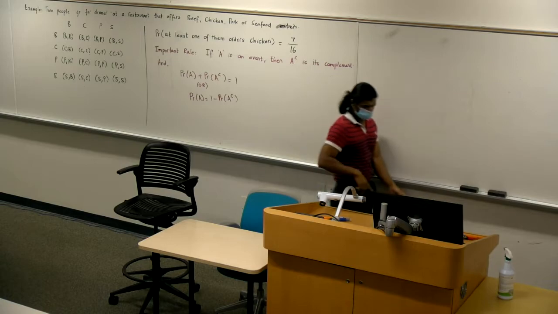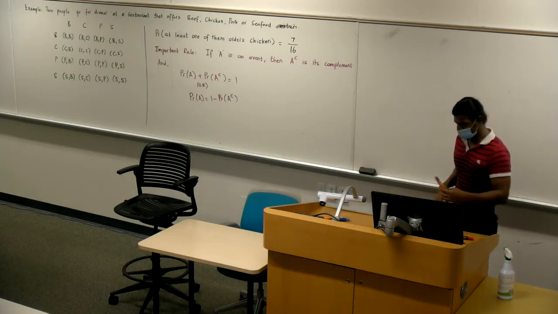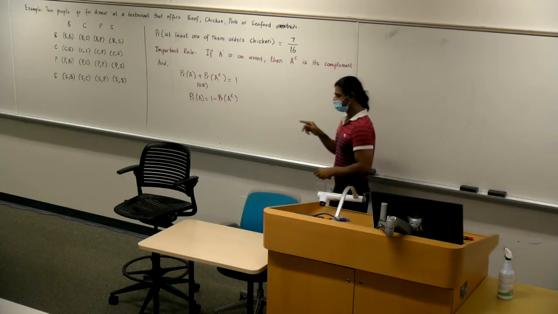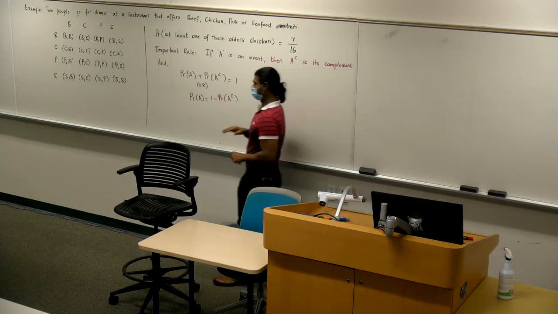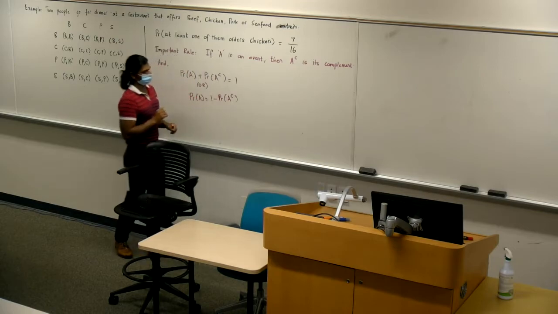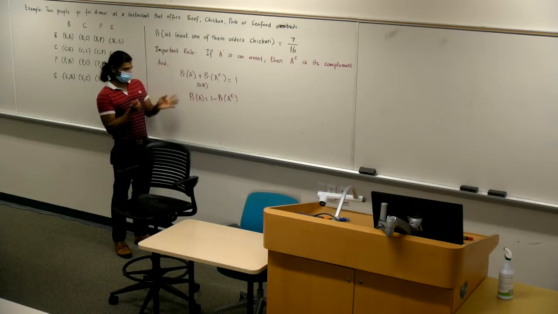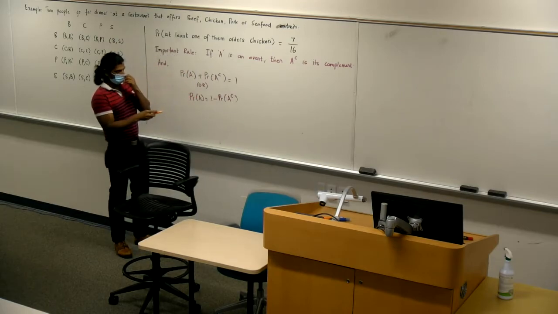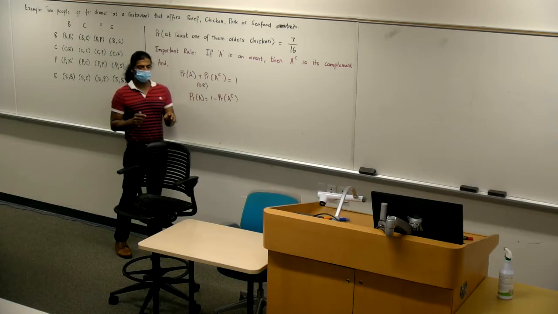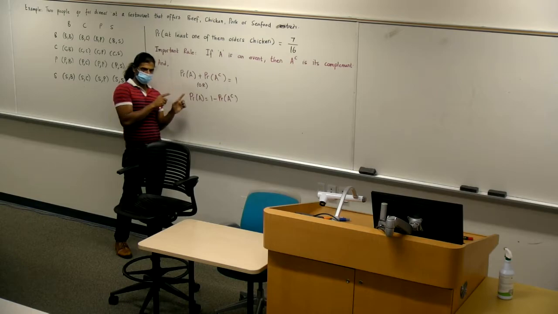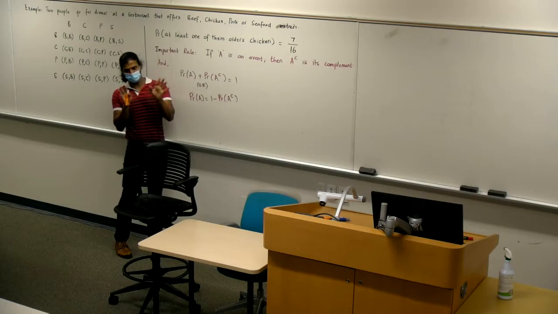Bayon asked me last time in the class if disjoint events are the same as complementary events. No, but we can deduce something if we have A and A complement. Are the complement of A and A disjoint?